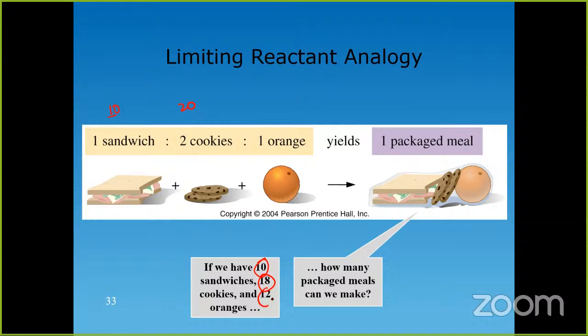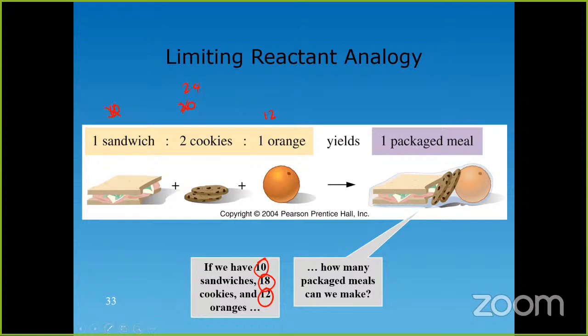On the other hand, let's say you have 12 oranges, right? If you're starting off with 12 oranges, you're going to need 24 cookies. Again, that won't let you make any prediction about the number of packaged meals because you don't have enough cookies to use up all the 12 oranges.